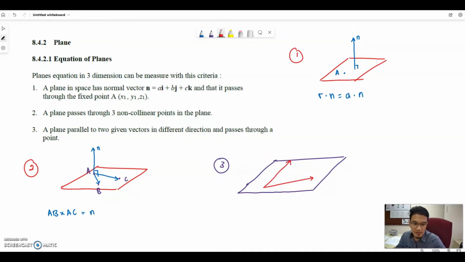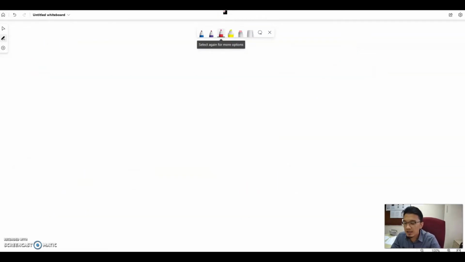Let's say this is vector A and this is vector B. We need a vector that is perpendicular to the surface of the plane, and by doing A cross B, we will have a vector n that is perpendicular to the surface of the plane. This is a summary of criteria number one, two, and three. Now let's look a little bit deeper into criteria number one.